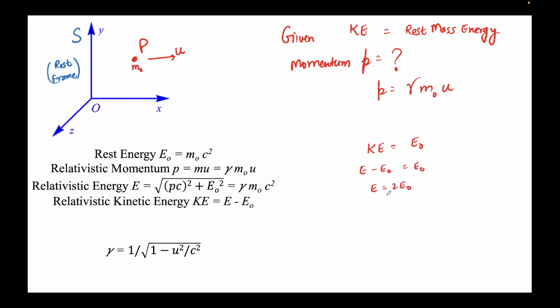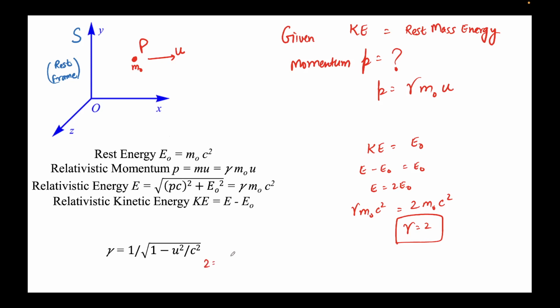That means the total energy of the particle is twice the rest mass energy. The expression for E is gamma m naught c square, equal to twice the expression for E naught, the rest mass energy, which is m naught c square. So m naught c square gets cancelled. We get gamma equal to 2. In the expression for P we needed gamma, and now we can easily get the value of u if you put gamma equal to 2 here.